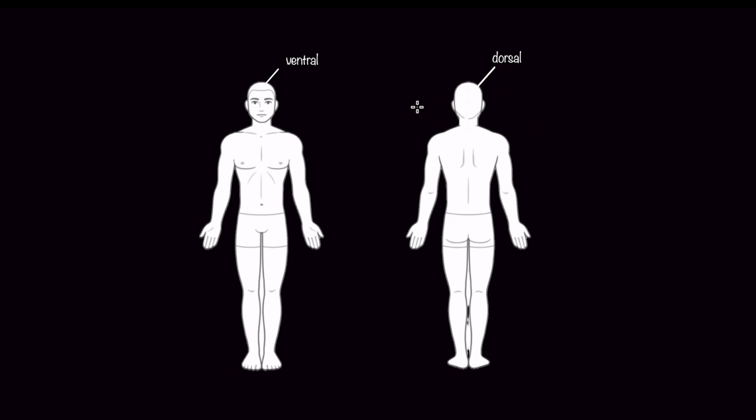So in humans, the ventral side is your front, so your chest and stomach, while the dorsal side is the back, so your spine. For example, your chest is going to be ventral to your spine, and your spine is going to be dorsal to your chest because they're on different sides of the body.